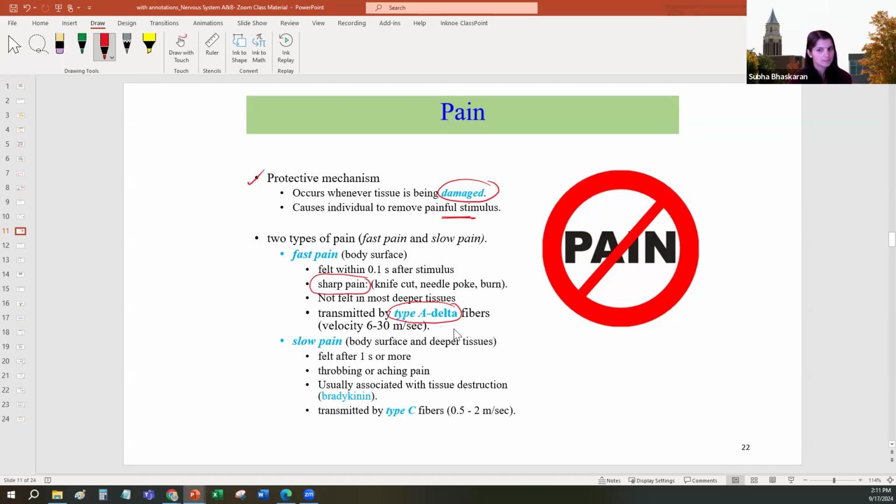Slow pain is in deeper tissues, a kind of achy pain, carried by type C fibers. It may not be a requirement on the study guide, but bradykinin, if you come across this molecule, is associated with slow pain. Just an FYI if you come across it in research articles.